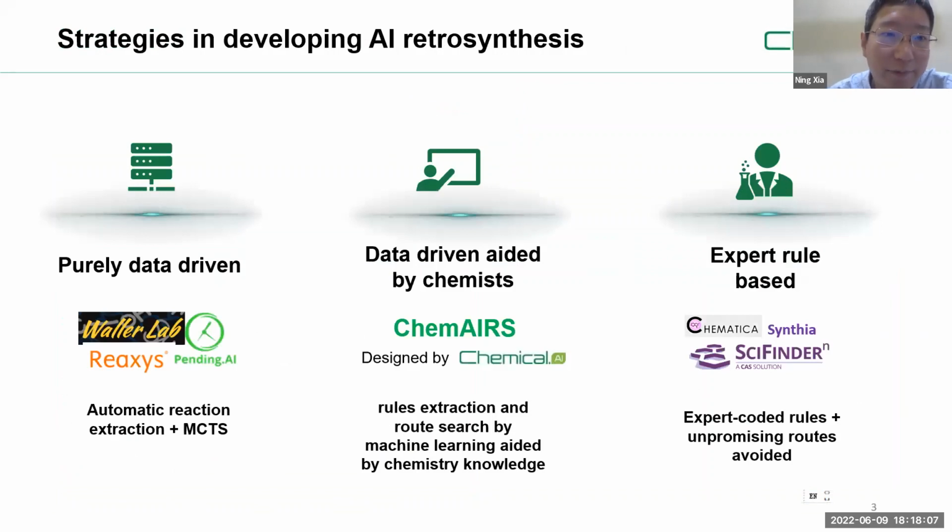They mainly use a pure data-driven approach or an expert rule-based approach. So there are some limitations to these methods. For example, the number of examples, the amount of data, impacts a lot on the data-driven approach, and it becomes a problem, the black box problem.